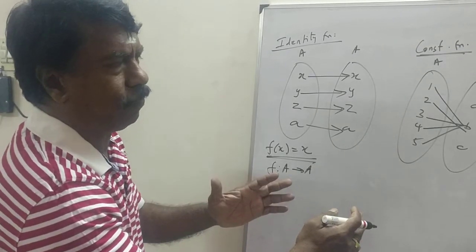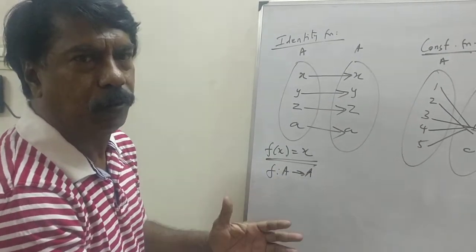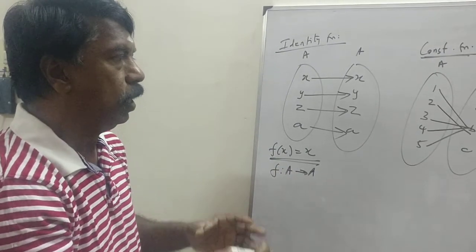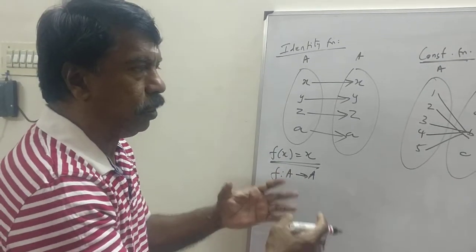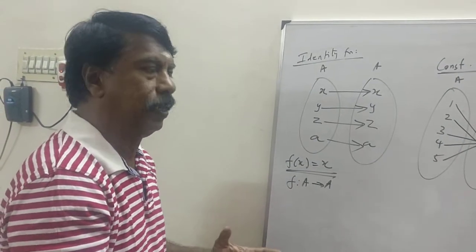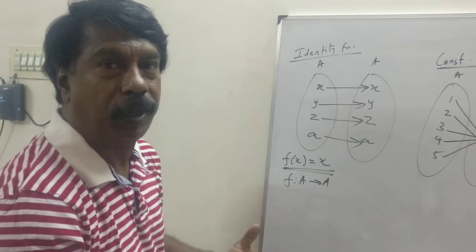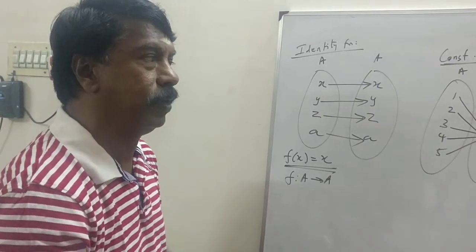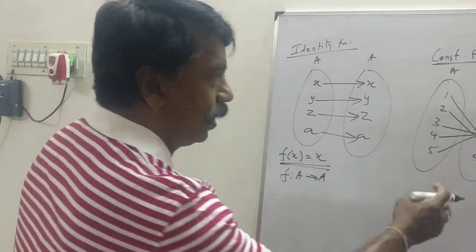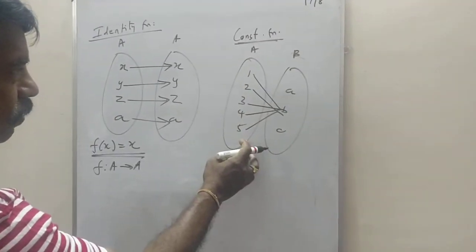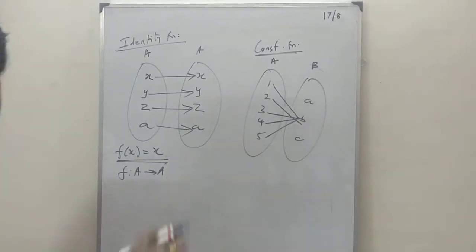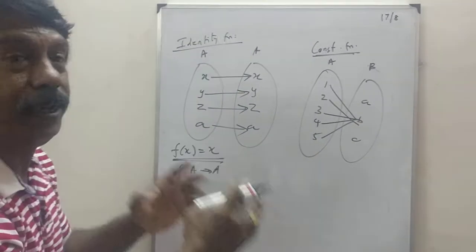Will a constant function be one-to-one? Definitely no. The constant function will always be many-to-one. Will it be onto, or will it be into? A constant function may be into function or even onto function, depends on the codomain. So here it is a constant function, and moreover A and C are elements left out without pre-images, therefore it is into function.